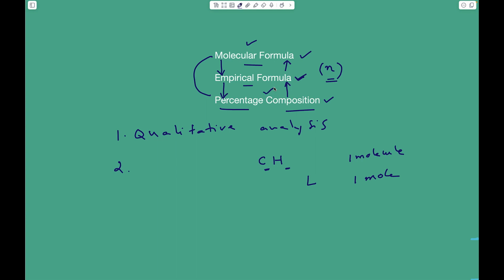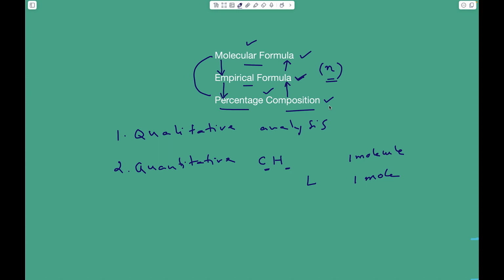That is, the masses of different elements present in or per 100 grams of the compound. And such an analysis is called quantitative analysis. Quantitative analysis gives the quantities of various elements present in a given sample of that compound.